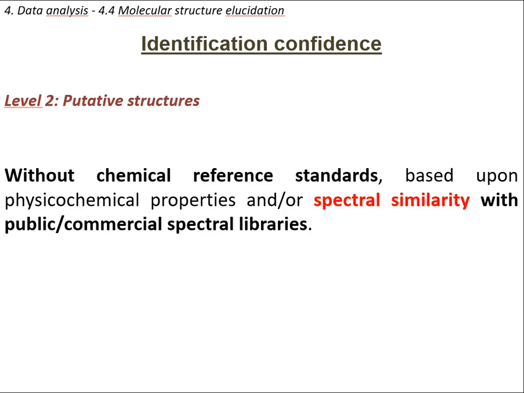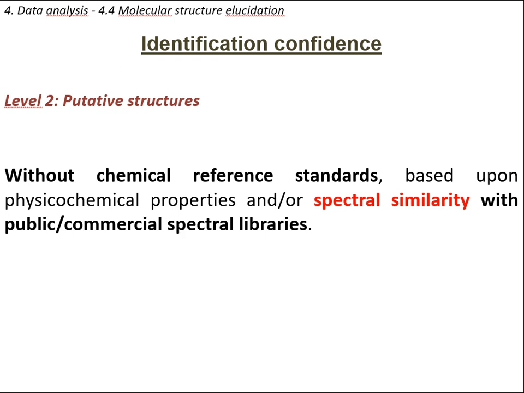Then, much more common is the level 2 identification, which is a putative structure. This time, you just don't need the chemical reference standard. So you will use physicochemical properties and spectral similarity with public or commercial spectral libraries. This is exactly the same definition as level 1, but you don't need to possess and inject under the same conditions the pure reference compound.